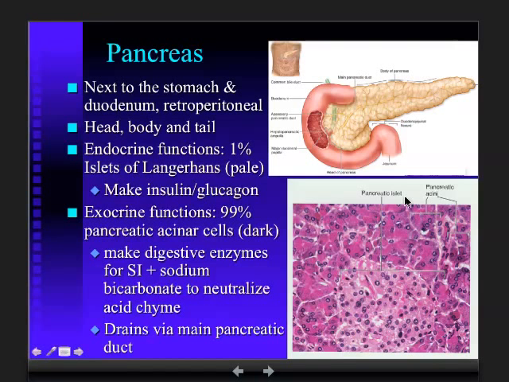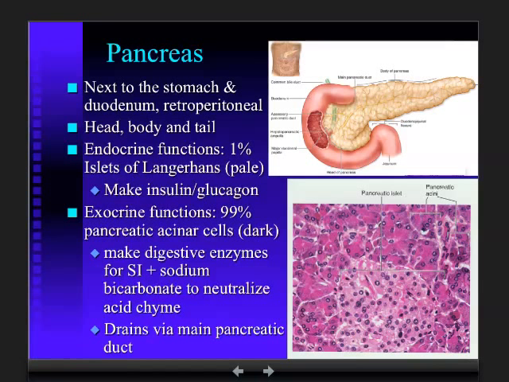are exocrine. So all these dark staining cells in this histological section are pancreatic acini. And an acinus is simply, at the microscopic level, a duct with the cells that are clustered around that duct, which is to say, there they are.